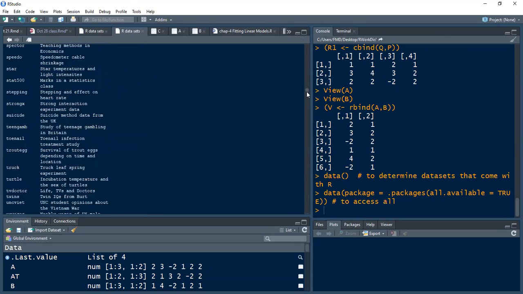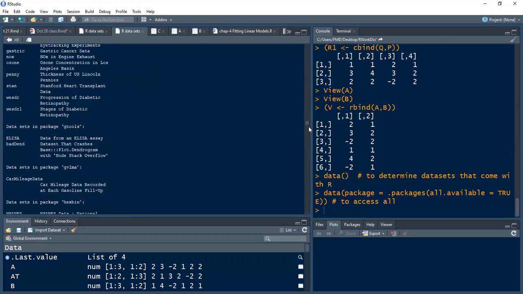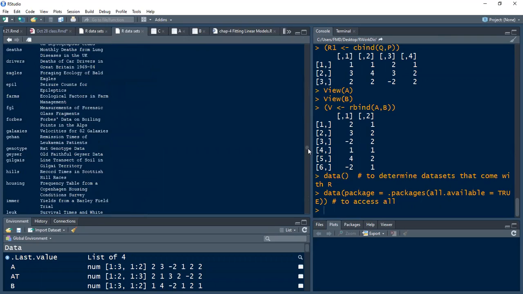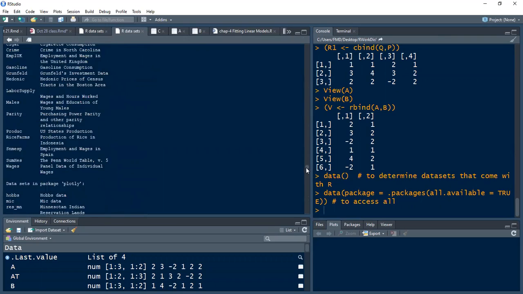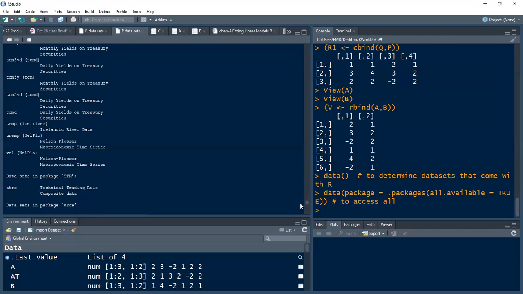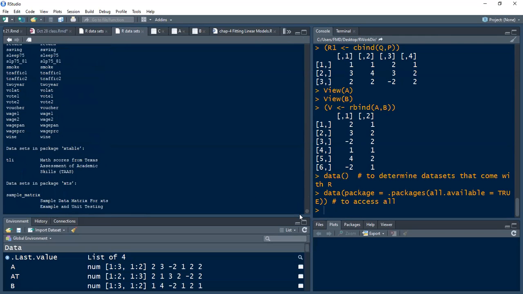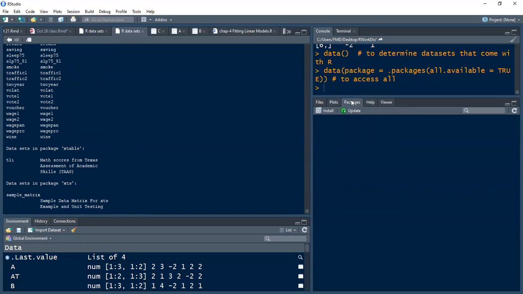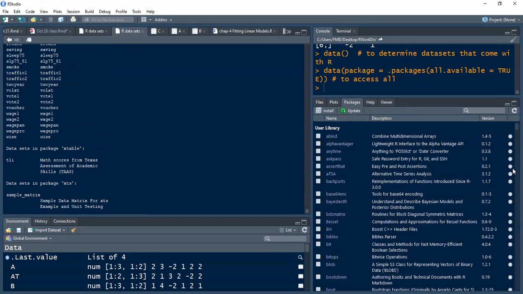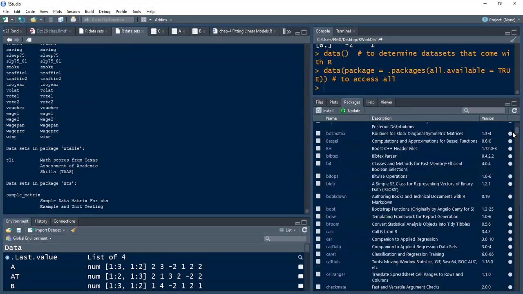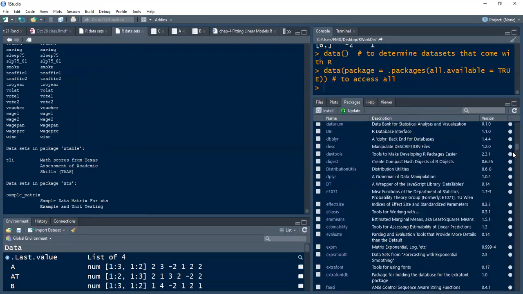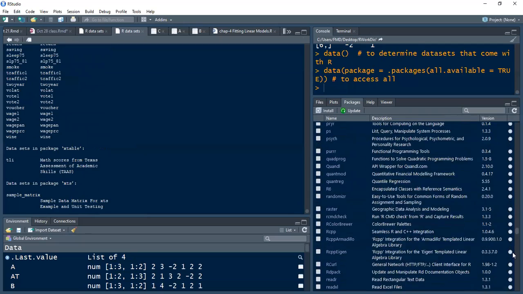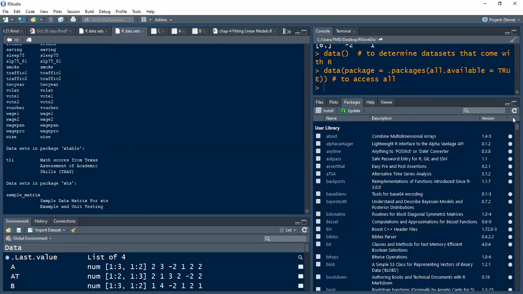Okay, so what do you notice, guys? Did you notice that I have now more data sets? Now we'll have different answers because I have several packages already installed in my R. If I take a look at this, I have several packages already installed in my R software. Most probably you don't have this, guys.